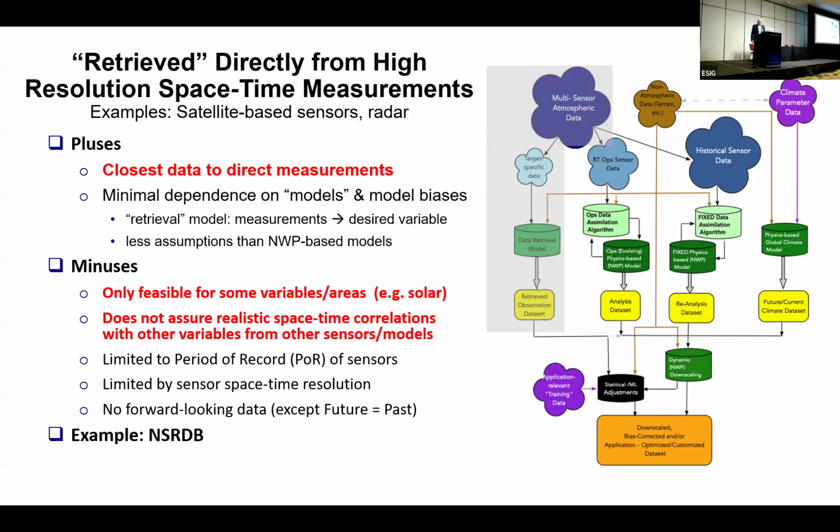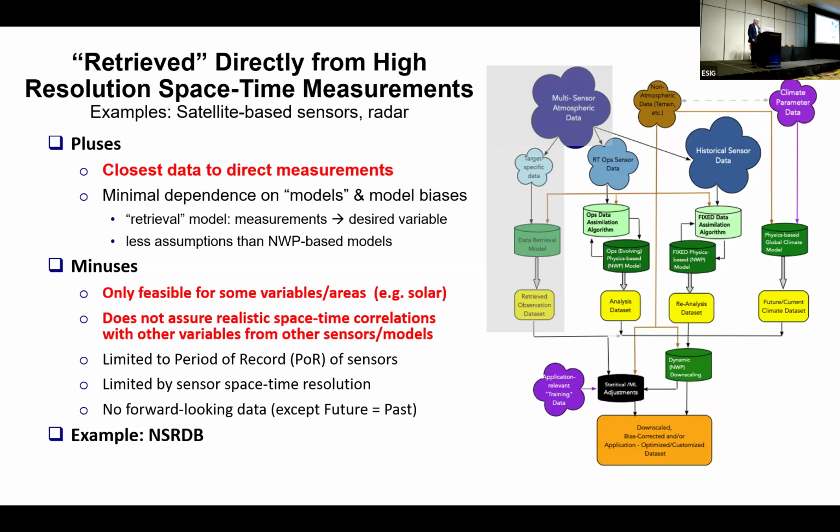Over oceans, anemometers can measure the wind near the surface, so you can make a map of the wind that way. So, it is possible in a few areas, but solar would be the area where this is most widely used. And the example of this is the National Solar Radiation Database, which is largely observation-based data, with a minimum of atmospheric modeling.